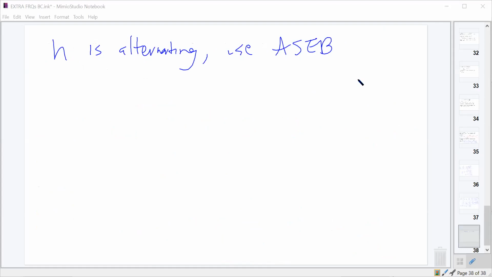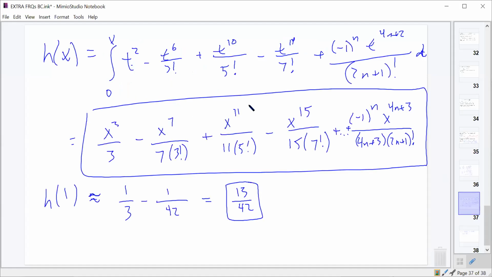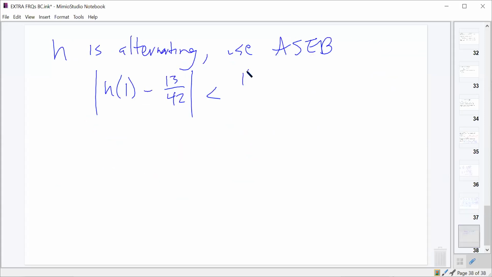And the alternating series error bound should just tell us that the error, so the true value of h of 1 minus our approximation, the absolute value of that ought to be less than the next term after where we truncated. The next term after where we truncated was x to the 11th over 11 times 5 factorial. And our x value is 1, so it ought to be 1 to the 11th over 11 times 5 factorial.